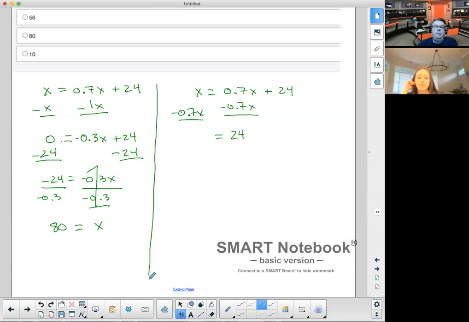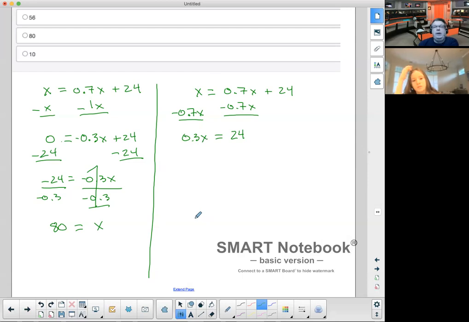Yeah. Okay. And so then I have the 1 in front of the x minus 0.7. And either grab a calculator or do it off to the side. 1 minus 0.7 is 0.3. Does that make sense?